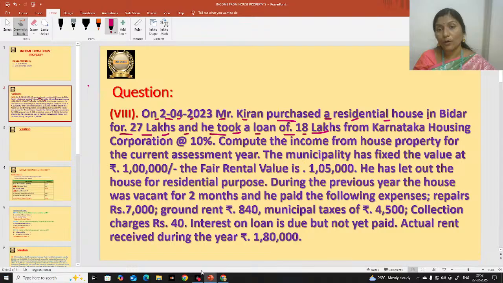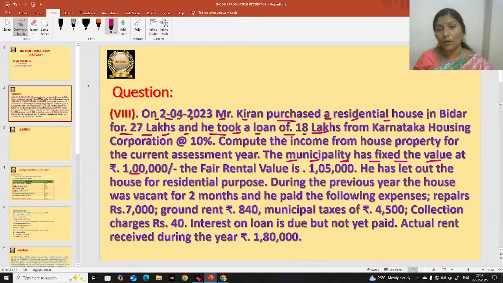And here municipal valuation, the municipality has fixed the value at rupees 1 lakh. So here municipal valuation is nothing but municipal rental value, MRV. So MRV is 1 lakh.